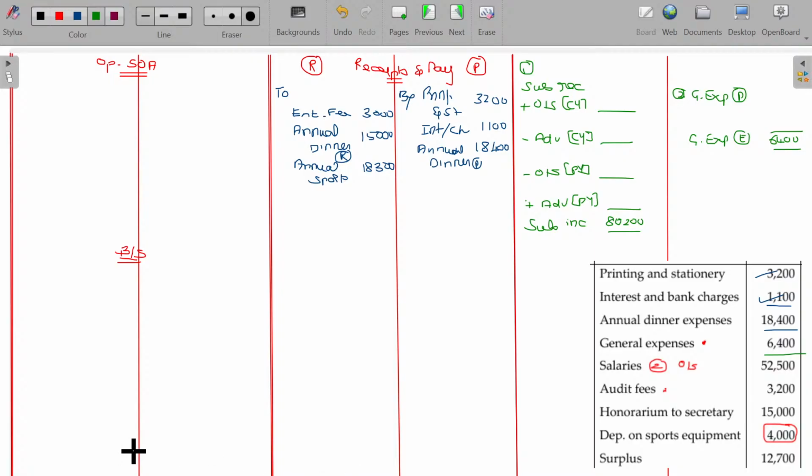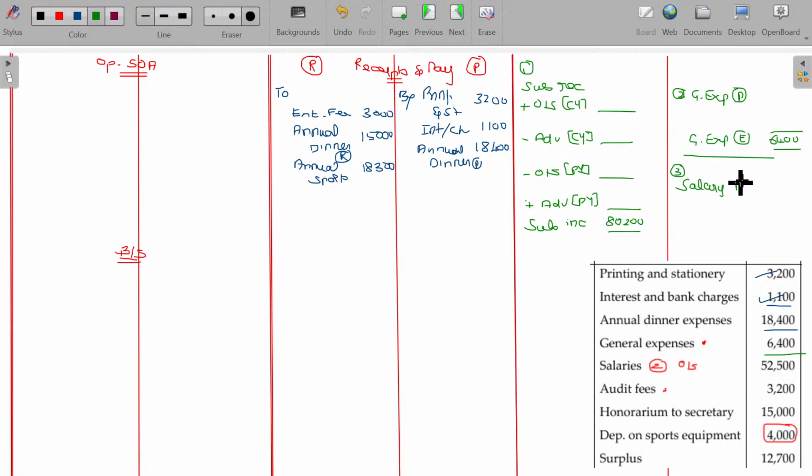We usually start with the receipts and payment and do addition and deletion of outstanding and advance to arrive at the income or expenses. Here, in a reverse case, put the value in the last and then calculate in the reverse manner. Salaries, we have been given two adjustments. Okay, third one, we have only outstanding.